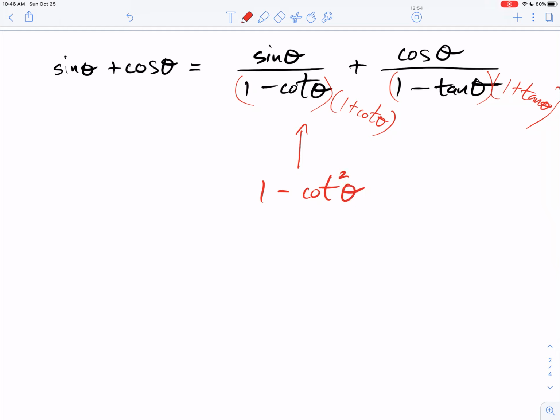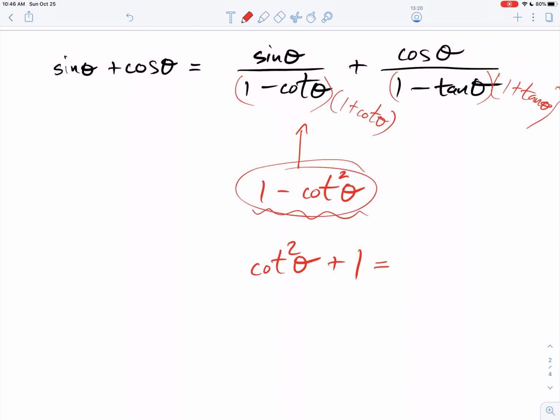And that is not a Pythagorean identity. This is not cotangent squared plus 1. It's not. This guy right here is something we know: cotangent squared plus 1 equals cosecant squared. That's something we know. This is not something we know.